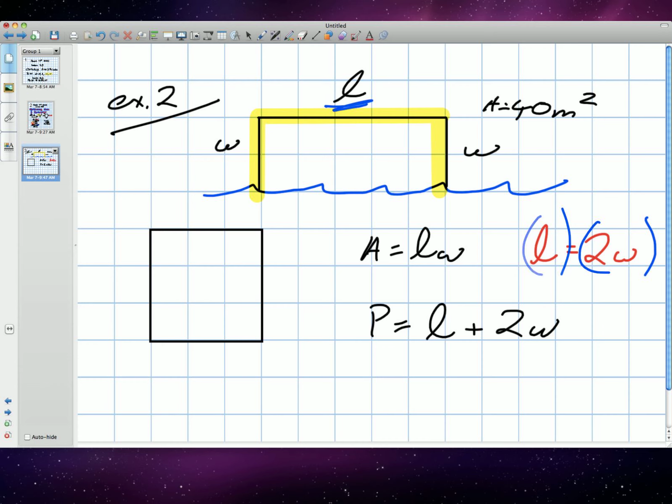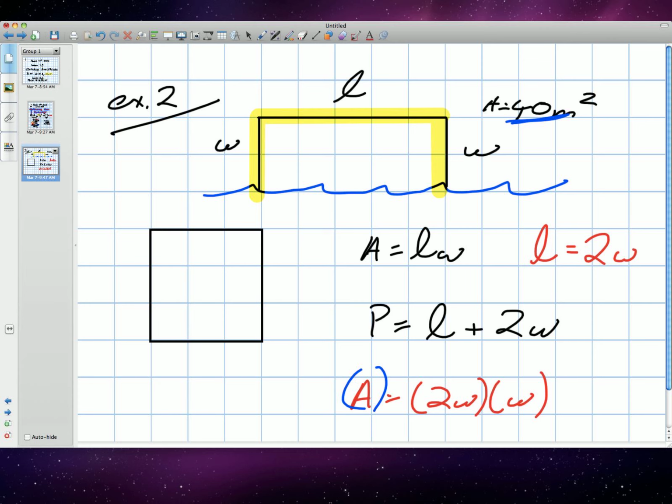So when I go to put it into my area formula here, I'm going to replace my L with 2W. So we're going to work down here in red now. Area is equal to, we'll replace L with 2W times W. We said that our area was 40, so we can replace A with the number 40.